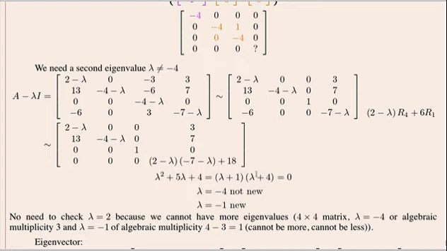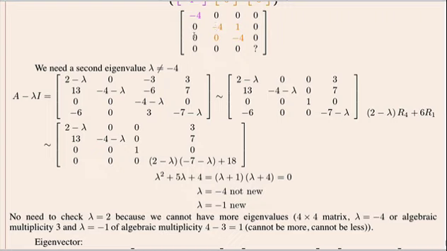So we calculate what this entry is, we multiply this out, and then we go back and simplify and factor it. And we get that lambda equals -4 is one possibility, but this is not a new eigenvalue, we don't care about it. The other possibility is lambda equals -1. And again, we don't have to check lambda equals 2 because we cannot have more eigenvalues.